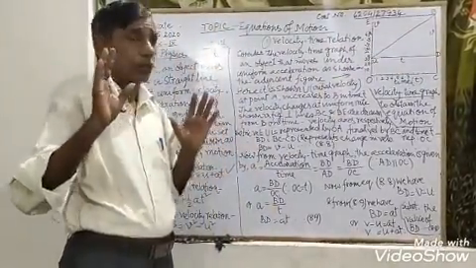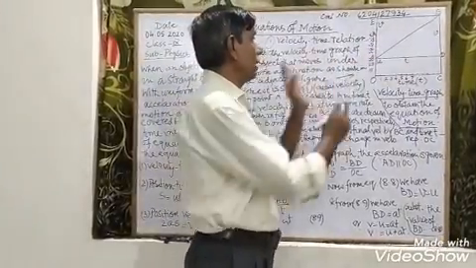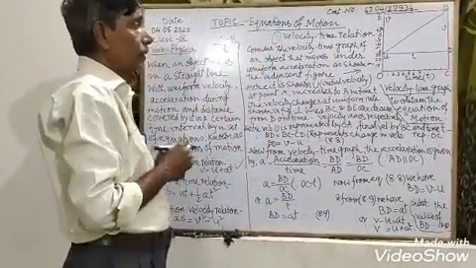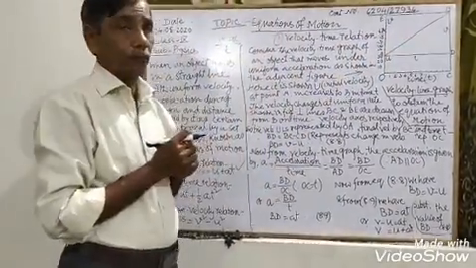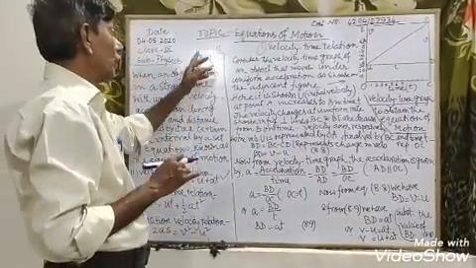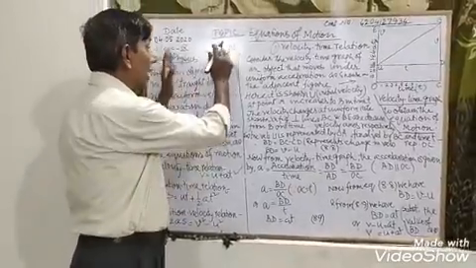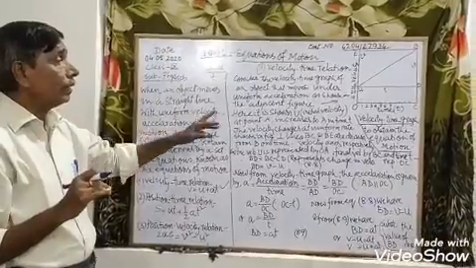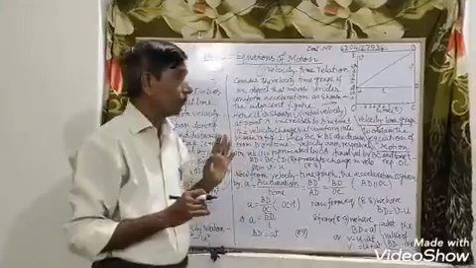My dear students, consider the velocity time graph. This is the velocity time graph of an object that moves under uniform acceleration. Just now I told you what uniform acceleration is: v minus u, the rate of change of velocity, is called acceleration, and it is shown in the adjacent figure.